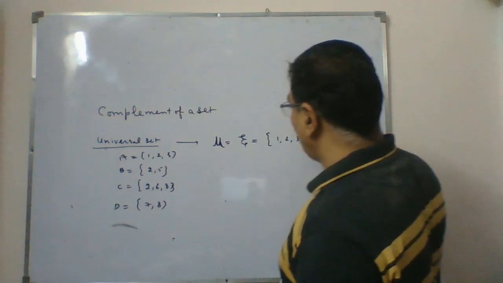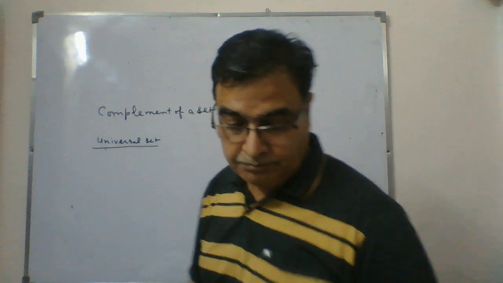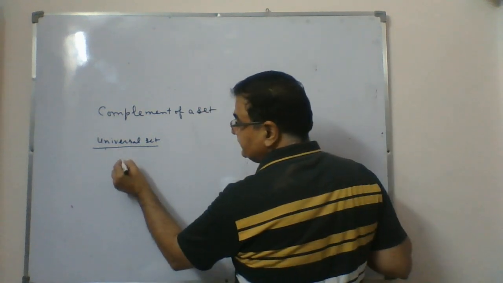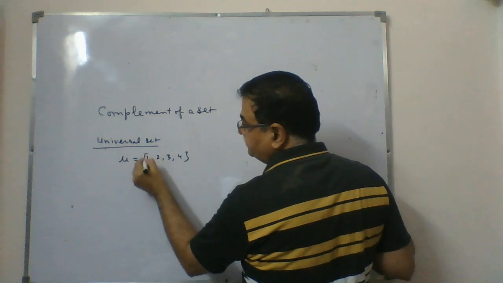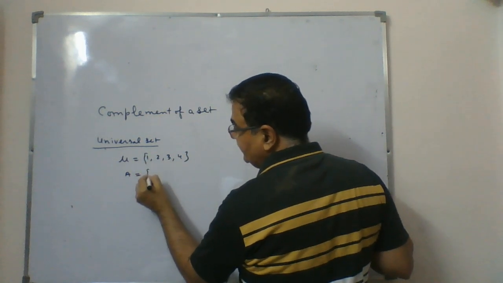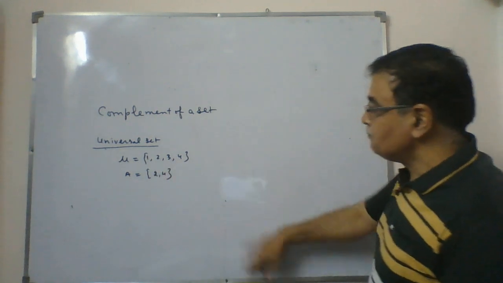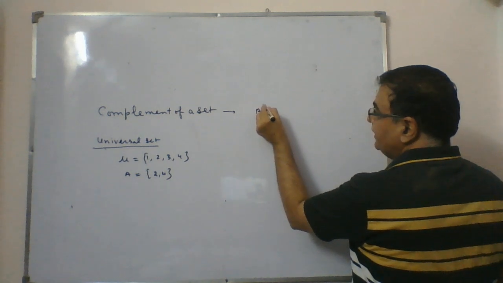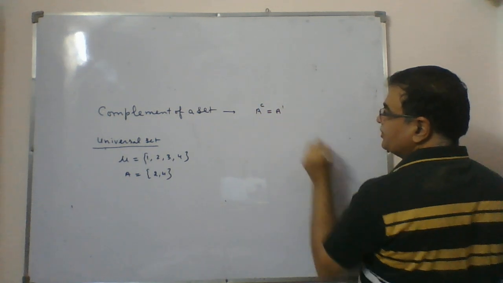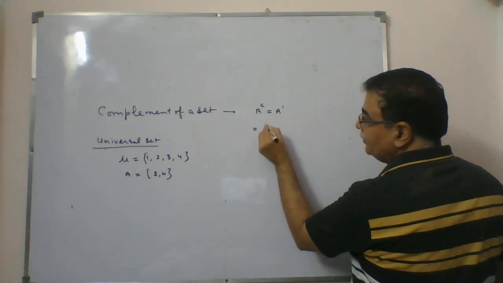In the complement of a set, if I say the universal set is given as 1, 2, 3, and 4, and set A is given as 2 and 4. Complement of a set will be denoted by A C or A dash. This is called the complement of set A. And what will this be?